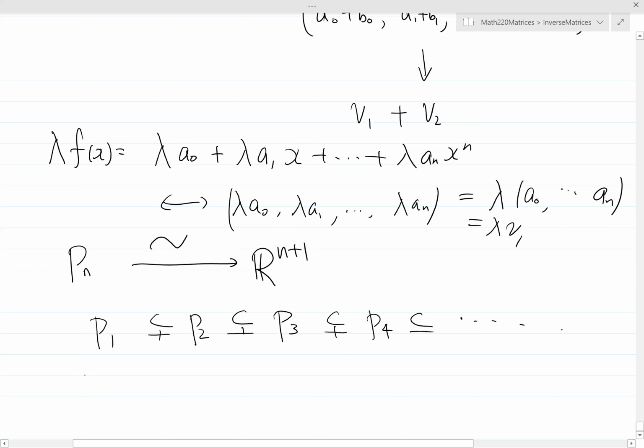So we let P, the polynomial functions, be the union of all the Pn, n from 1 to infinity, which is the set of all polynomial functions.